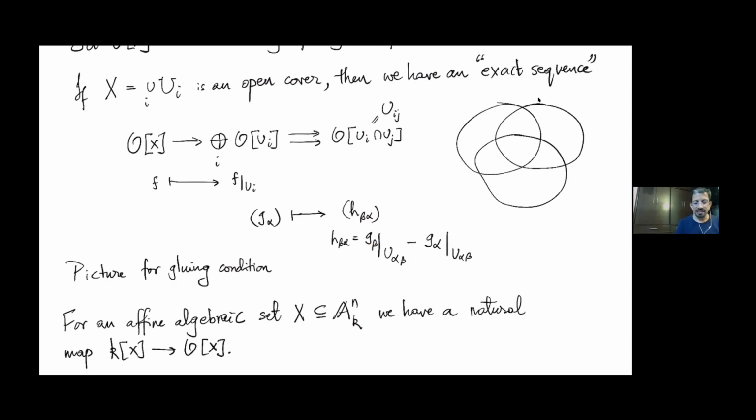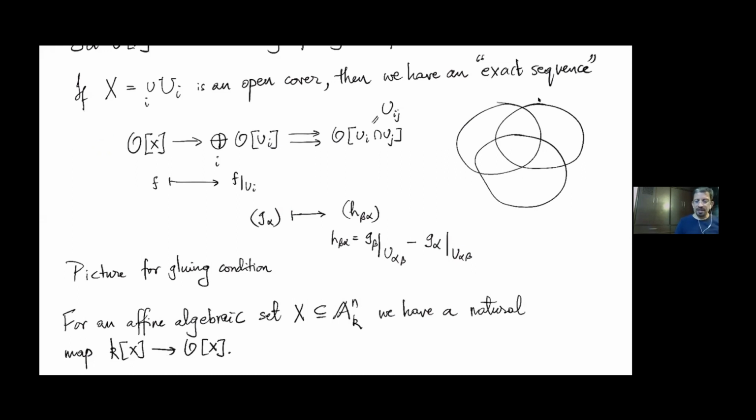Conversely, if I give you a sequence of functions here whose image is 0 under this map, then there's a unique F which comes from here. So it's in fact exact on the left also.